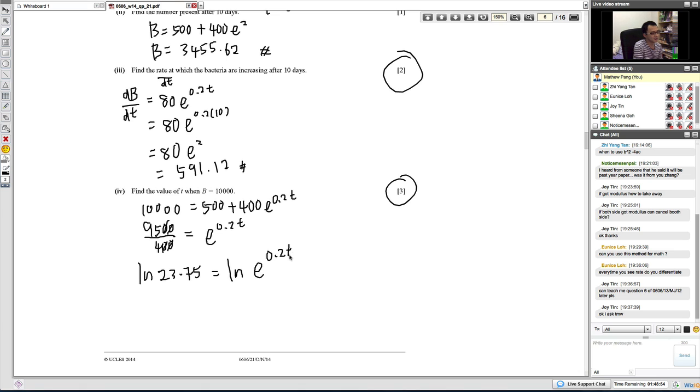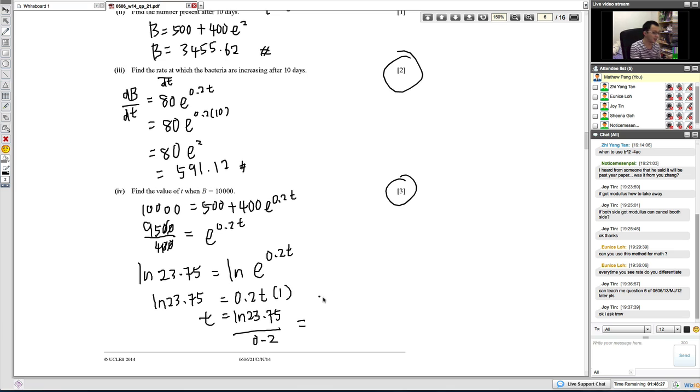Alright. And I will move the 0.2t in front. And ln e just gives me 1. So I just use the calculator to do this one later. And I will need to find t. So I will say t is ln 23.75 divided by 0.2. Just like this. So I will say ln answer divided by 0.2.